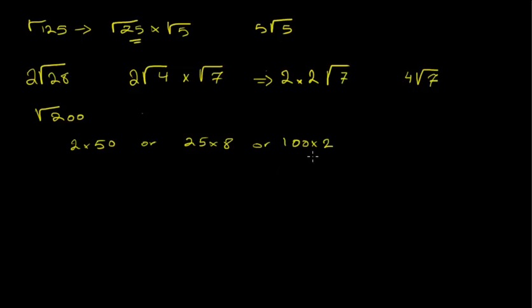Since 100 is the largest one, we choose that one. Radical 200 will be radical 100 times radical 2, and we know the square root of 100 is 10, so it's 10 radical 2.